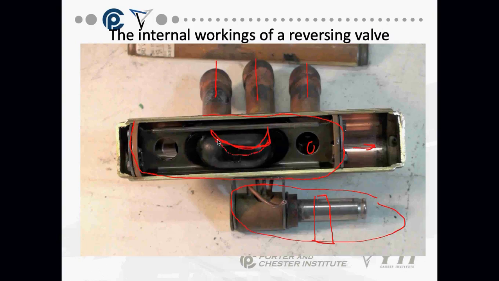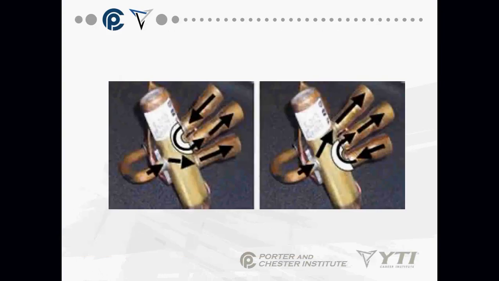And again, that little U that you see is caused by that little cap, sort of, that's mounted inside this reversing valve. The reversing valve is a very simple operation valve, but it does a lot. It controls the heating and cooling.